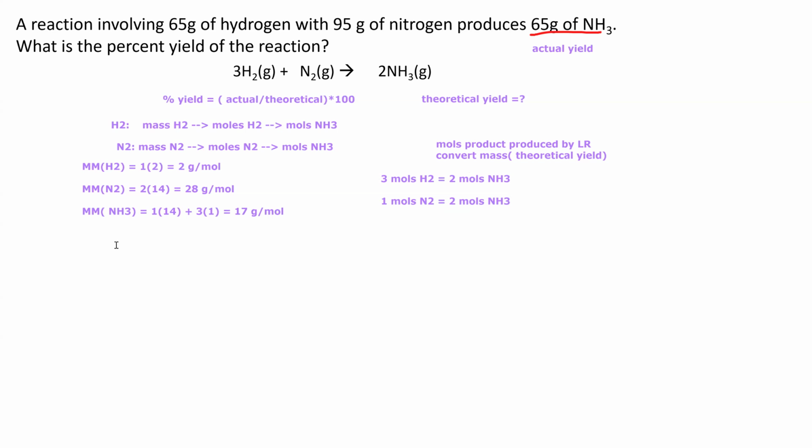So again, we're going to set it up for H2. So we're going to convert the mass to moles. And we're going to do the exact same thing for nitrogen.